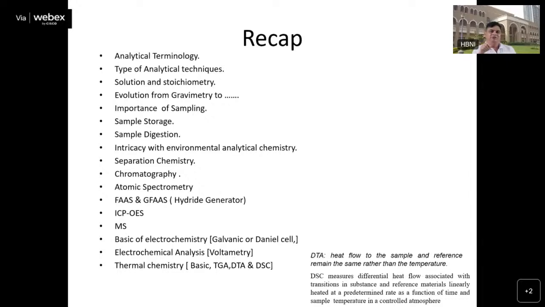The most important thing in electrochemical analysis is that the characteristic half-wave potential makes it possible to determine not only the element but also its chemical form, because these half-wave potentials differ between the atom and the chemical species. So speciation of the various chemical forms of an element is possible using electrochemical analysis.